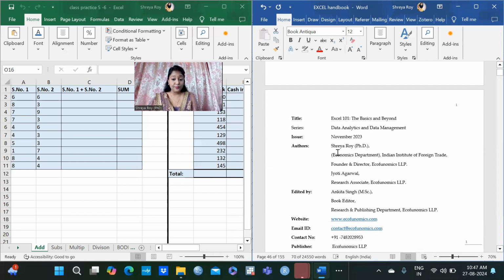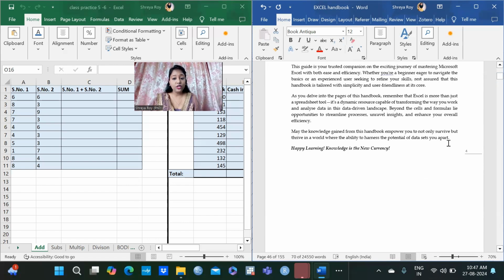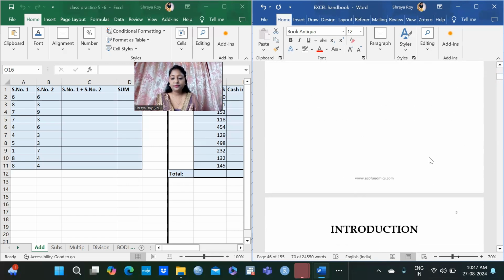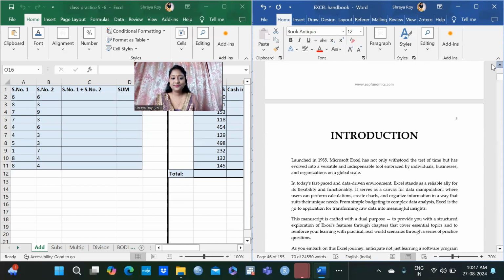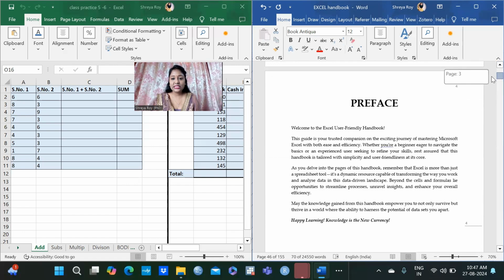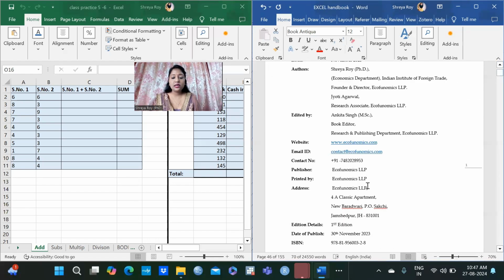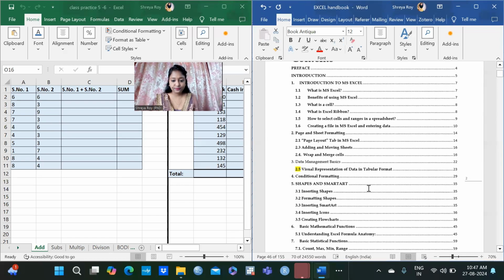It is authored by me and my co-author Jyoti Agarwal and is currently being edited by Ankita Singh. We are now going to proceed with the next part, which is mathematical functions.